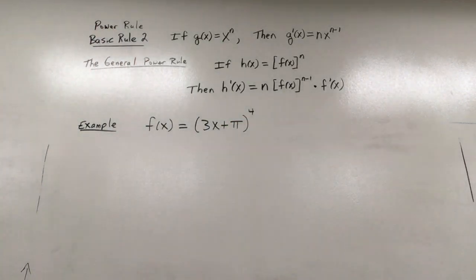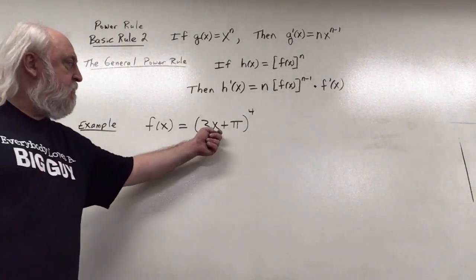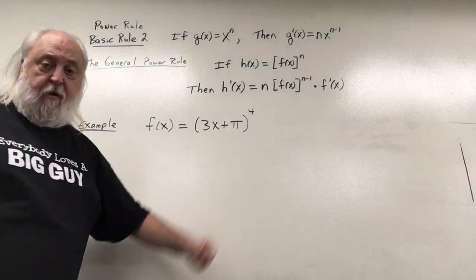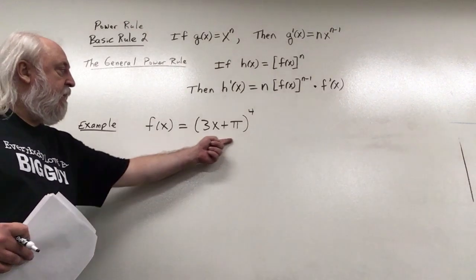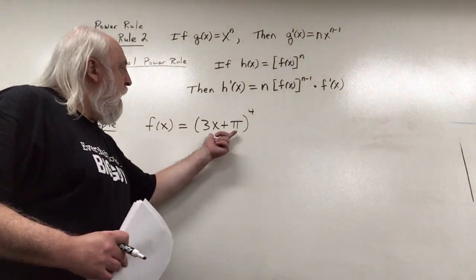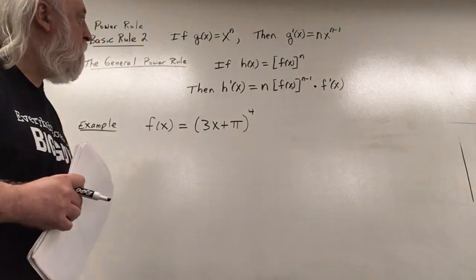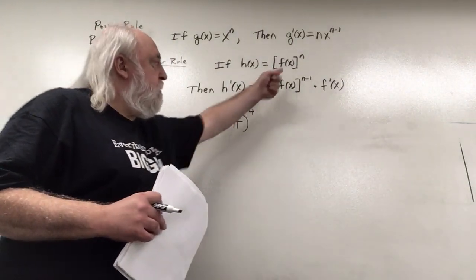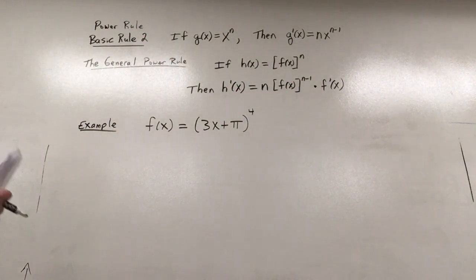So we know how to differentiate x to the 4th power. But now instead of just x to the 4th power, we have 3x plus pi raised to the 4th power. And so this inside the parentheses is the algebraic expression involving x. And f of x now is on the left-hand side, so its role has changed in this example.